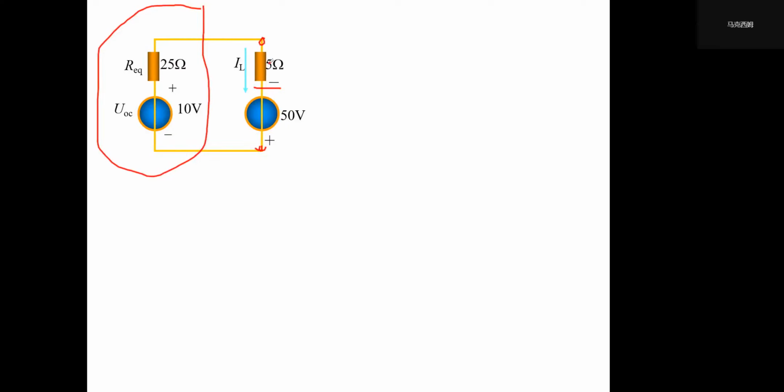The total voltage source is equivalent to a 60 volt voltage source, and the total resistance is 25 plus 5, which is 30. So the current IL equals 2 ampere.